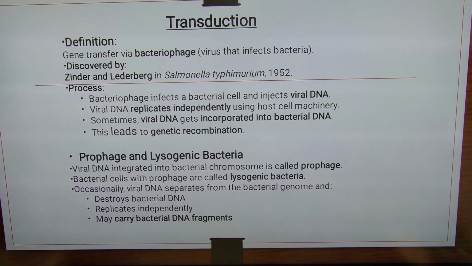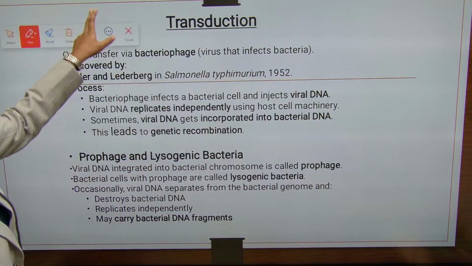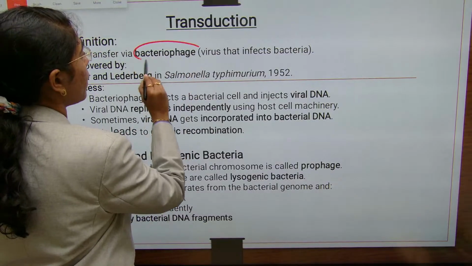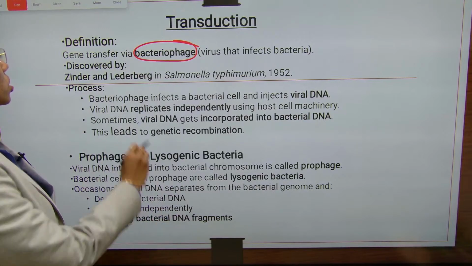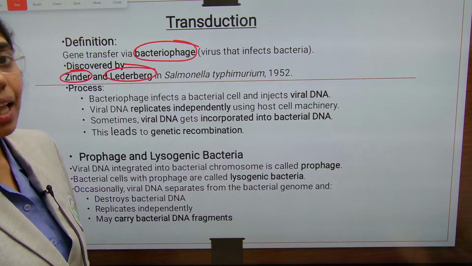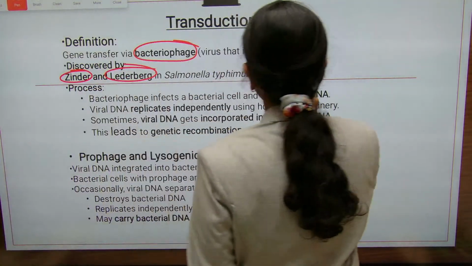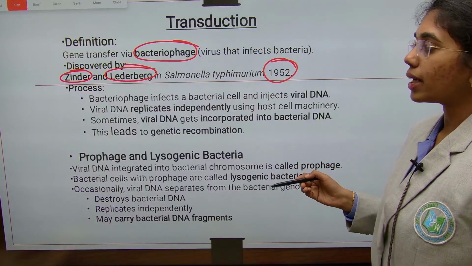In transduction, firstly, gene transfer is via bacteriophage. Here a virus infects the bacteria. This was discovered by Zinder and Lederberg in Salmonella typhimurium in 1952. The model organism over here is Salmonella typhimurium.